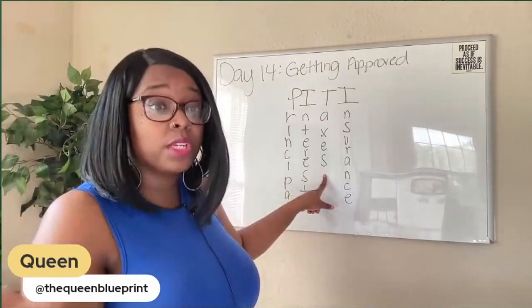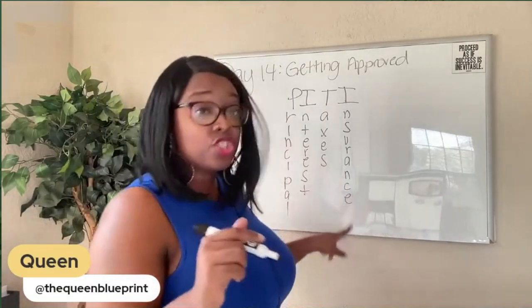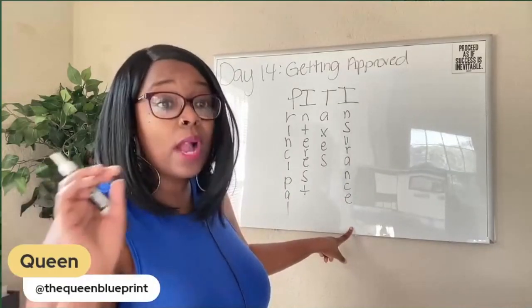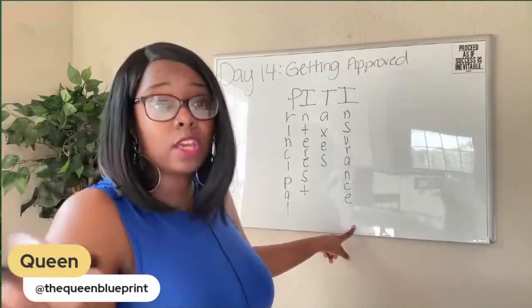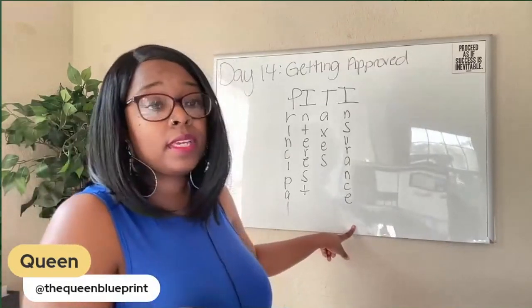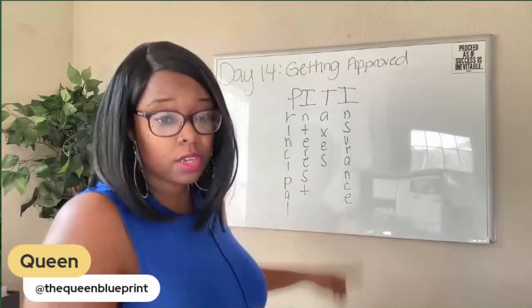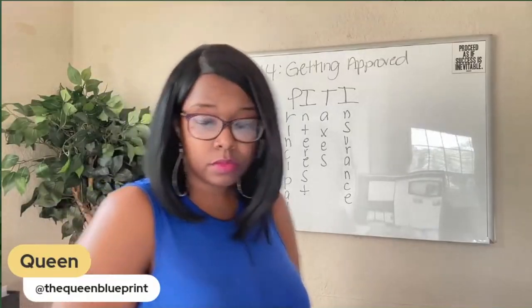Taxes, which of course we know is good old Uncle Sam. And then insurance, which is going to go to an actual insurance company, whoever you actually want to get your home insurance with. It could be anybody. It could be Liberty Mutual. It could be Geico. It could be State Farm, whoever. Insurance. Okay? So you need 2 to 4 months PITI reserves.